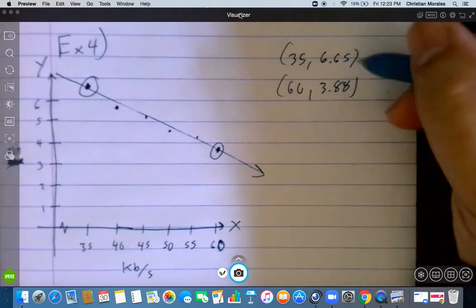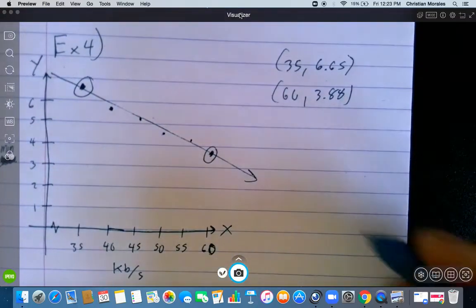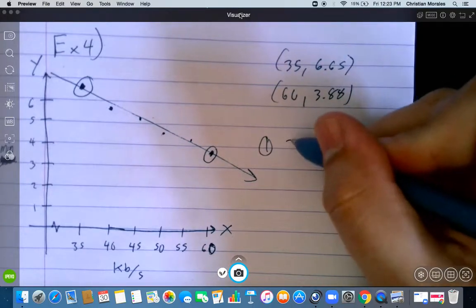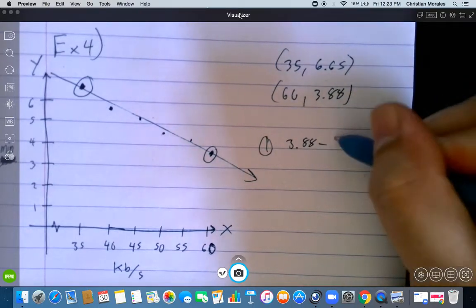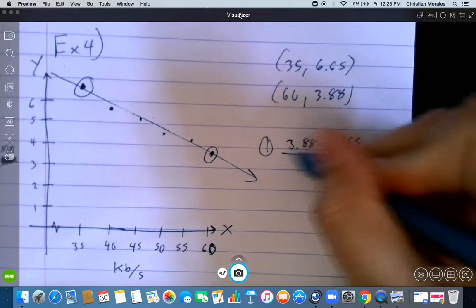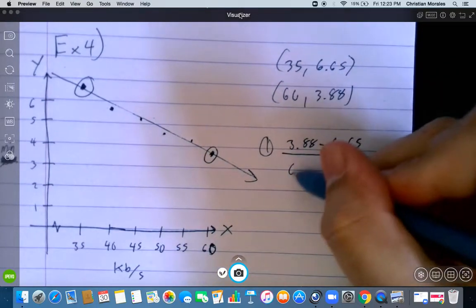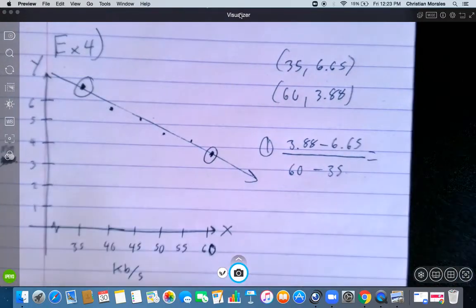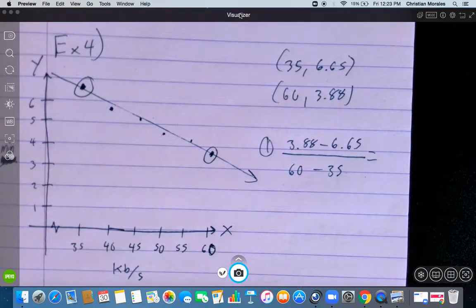Okay, and I follow the same steps that I showed you earlier. I'm going to find slope. Number one, find the slope, which in this case would be 3.88 minus 6.65, y minus y, and then 60 minus 35. And then I use my calculator. This is where you would use your Desmos calculator too.